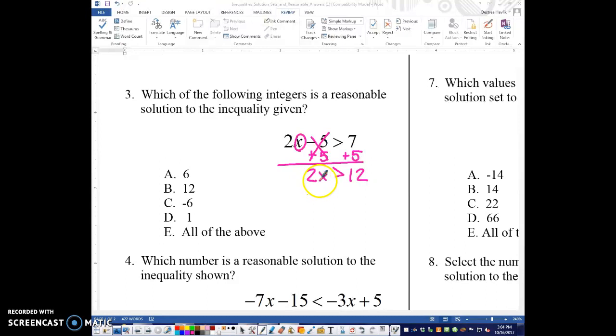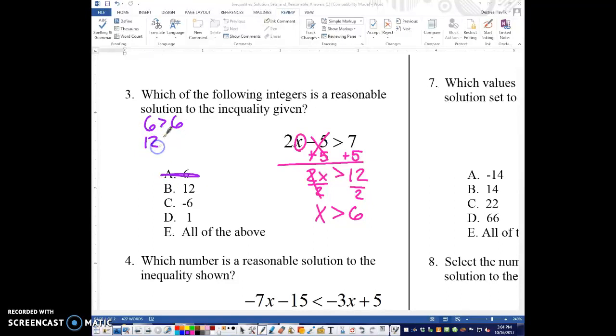What's our next step here? Remember, when a number is next to a letter, what's happening? It's multiplying. So to get rid of it, we need to divide. So x is greater than 6. Okay, so let's test out our answer choices. Is 6 greater than 6? Nope.